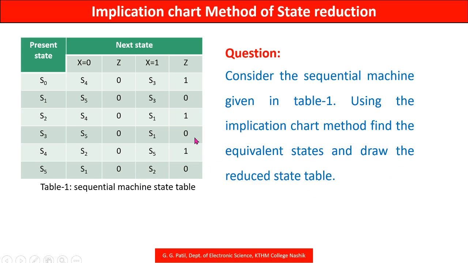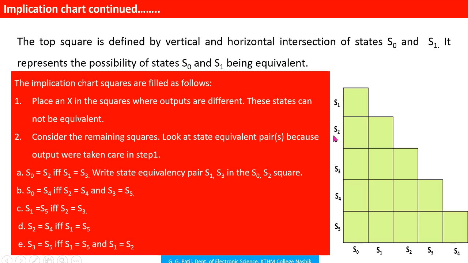Okay, so the sequential machine is described in this table containing 6 states starting from S0 to S5, and next state and output values are given here for input x equals 0 and x equals 1, having output shared. Let us see the implication chart of that machine.